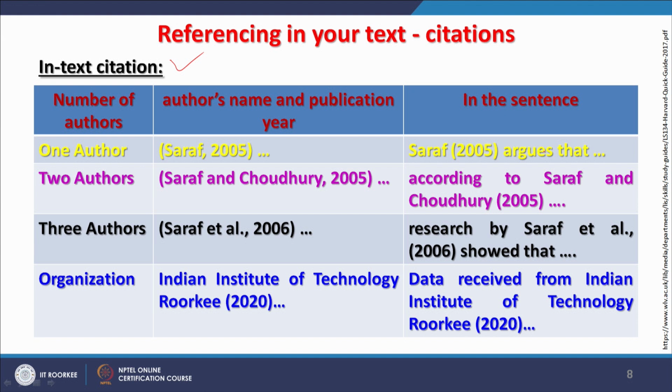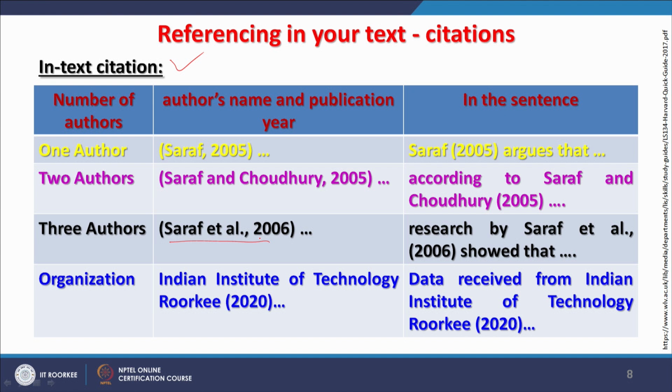Now, when there is more than one author, like two authors, then both surnames will come within the body of the text and also in the list of references. When there are more than two authors, like three authors, then within the body of the text you will write like this, but at the end all the authors and their initials should come, and after that the year and other details.